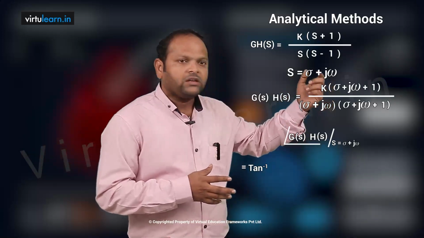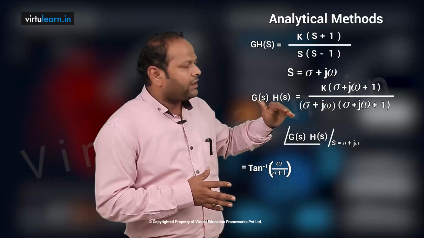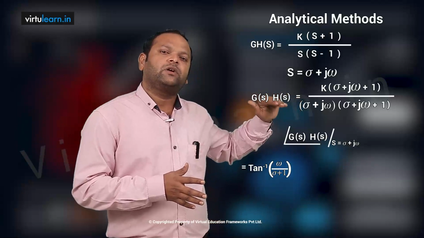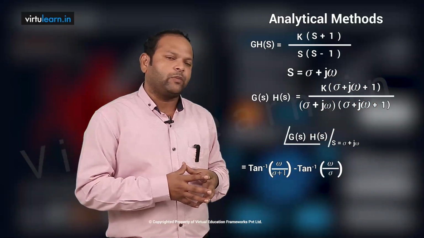Tan inverse of omega divided by sigma plus 1. In the denominator we have s, that means sigma plus j omega. Since it is the denominator, we will get a minus, therefore minus tan inverse omega by sigma. And of course the third one also has a minus because of the denominator, so minus tan inverse omega by sigma minus 1. So this is the phase angle equation of GH of s.